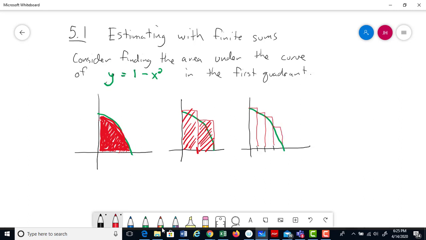Now I know that the area is looking better. I'm not sure if you guys see the same thing that I'm looking at, but even just looking right here, this square which is here is no longer in here. So this is definitely a better estimation.